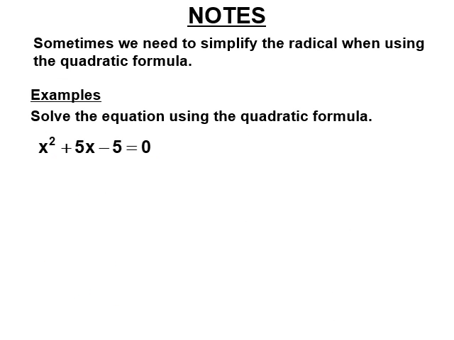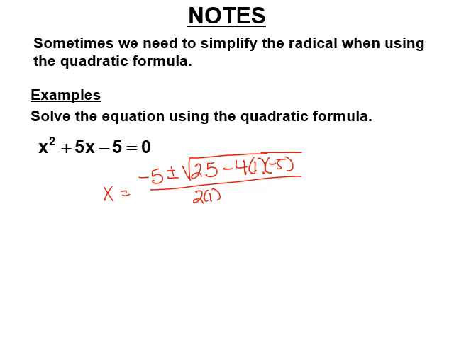All right, so in this one, you're going to have to do a little simplifying. We haven't done that in a while. X equals negative b, negative 5, plus or minus the square root of b squared, 25, minus 4, a is 1, c is negative 5, all over 2 times 1, which is 2.